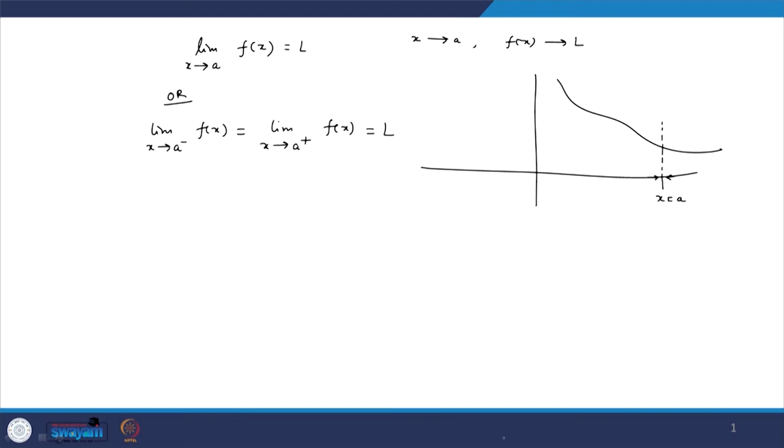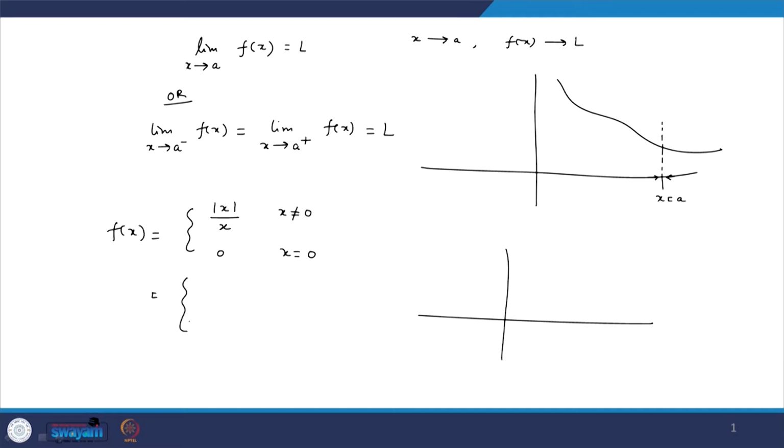Now take a function, say the signum function. The signum function is a very popular function, defined like this: f(x) equals mod x by x when x is not equal to 0, and it is 0 when x equals 0. We know that mod x is x when x is greater than 0, and minus x when x is less than 0.